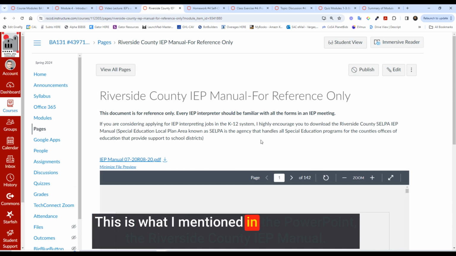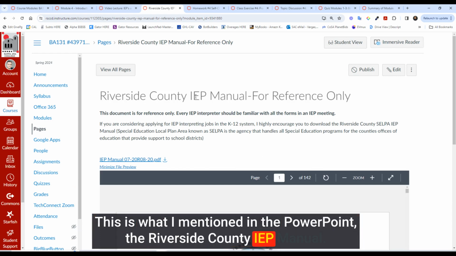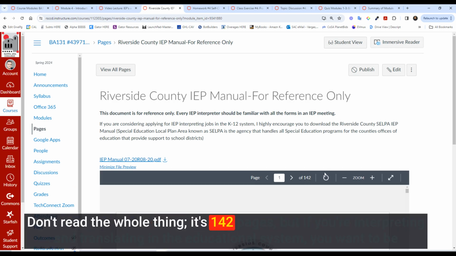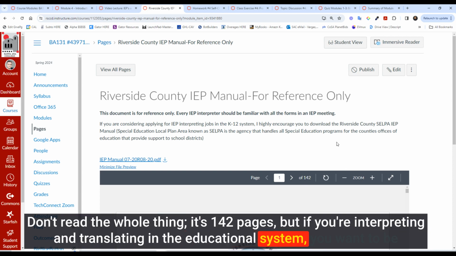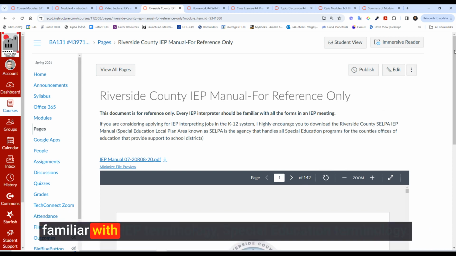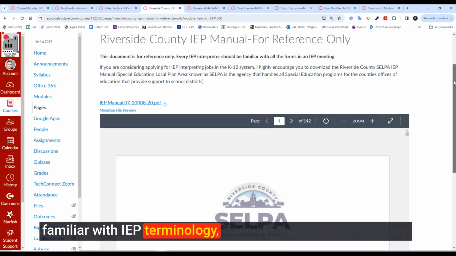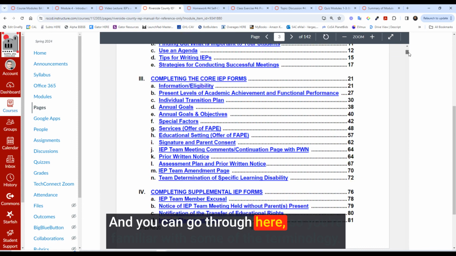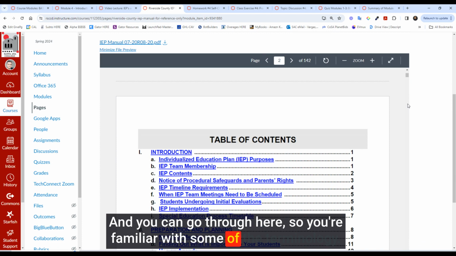This is what I mentioned in the PowerPoint, the Riverside County IEP Manual. This is for your review. Don't read the whole thing, it's 142 pages. But interpreting and translating in the educational system, you want to be familiar with IEP terminology, special education terminology, and you can go through here so you're familiar with some of the terminology.